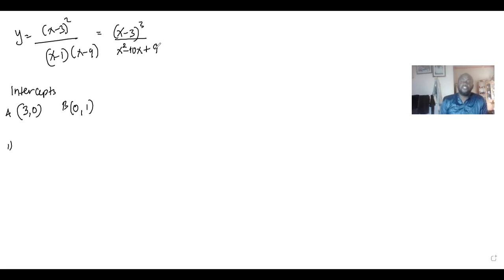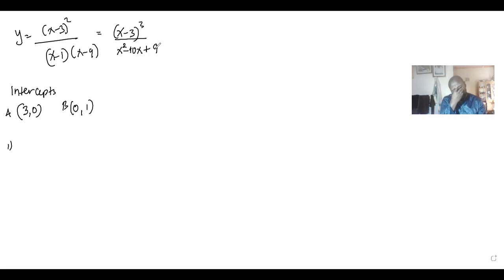Have you got the region where the y values don't exist? How about the turning points? I'm only going to go through that part because it gives us the turning points, their nature, and the region where the y values don't exist. So it's the only part I'm proving.